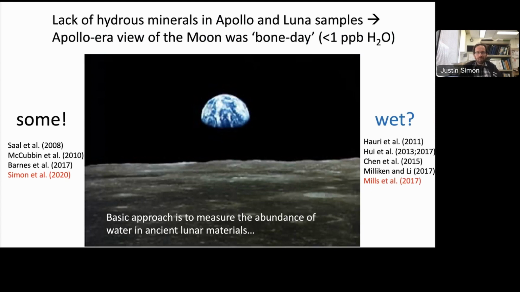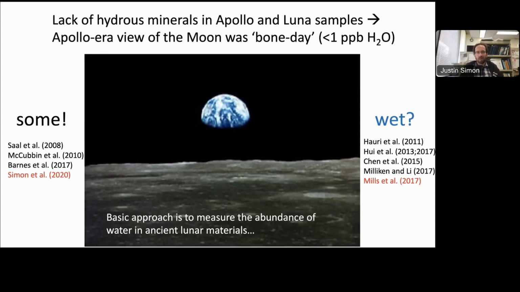Okay, so now getting to the volatile part. There are a number of studies, and they're growing quickly, looking at lunar materials. Historically, lunar materials were thought to be bone dry, although bones are not that dry. But the point is they were very deprived of volatiles, including water or OH.